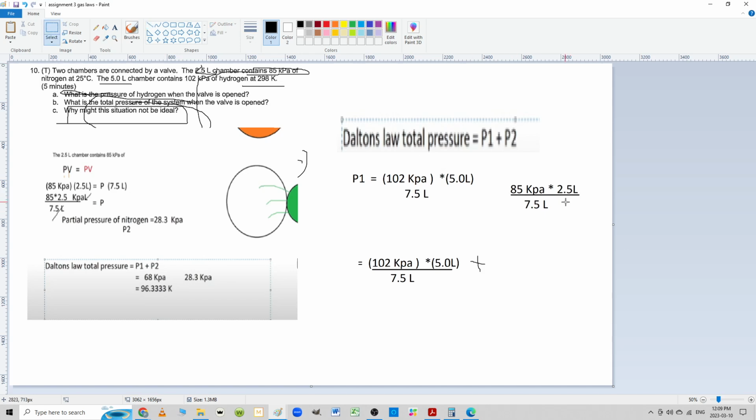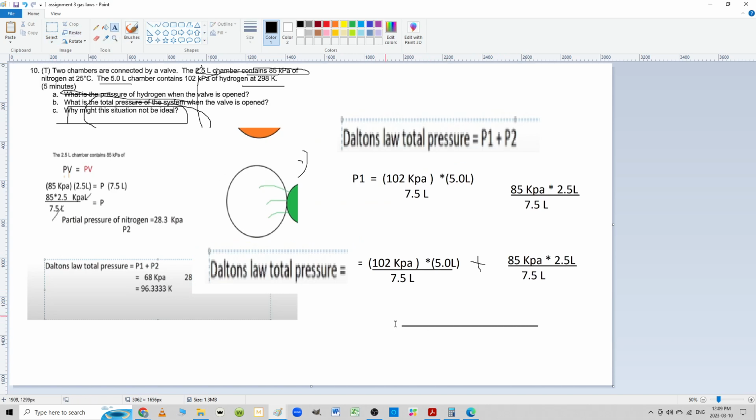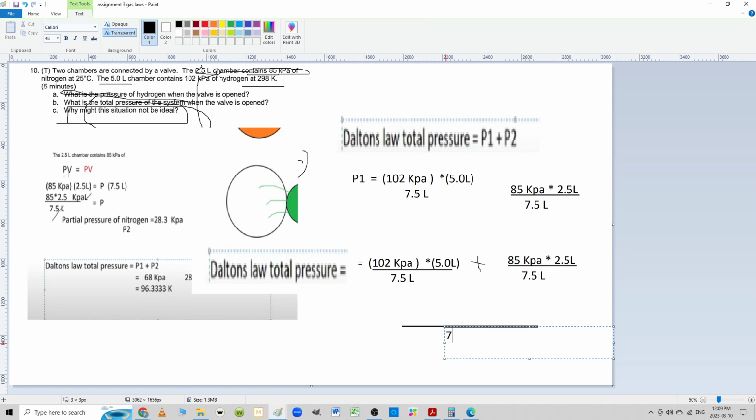Which means I could have rewritten Dalton's law as the total pressure of the system being equal to these two things. Also notice that they now have the same denominator, so I can write it all over 7.5, like adding fractions.